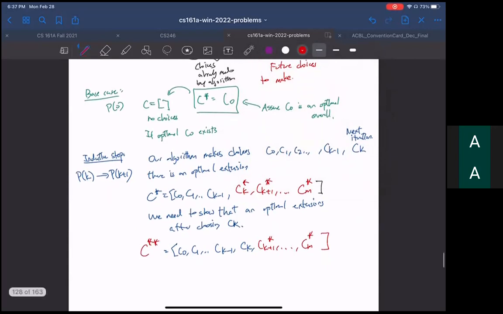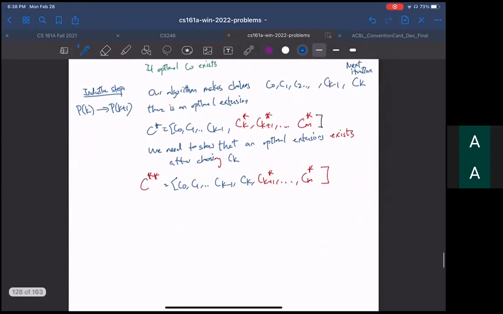We need to show that an optimal extension exists after choosing Ck. And here, I'm claiming that the optimal extension that does exist is this thing, C star star. You're just using the same reds as C star. We have to show that this is optimal and valid.